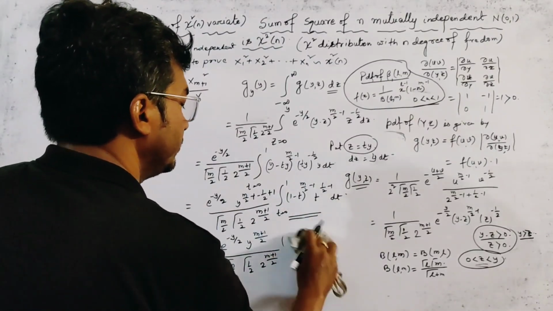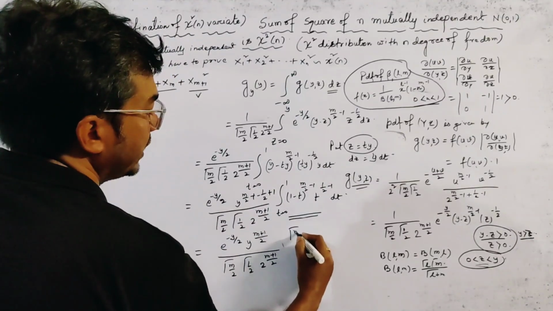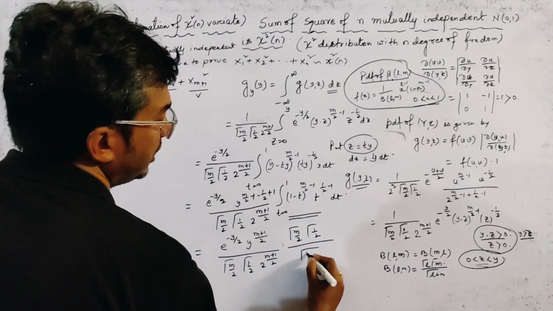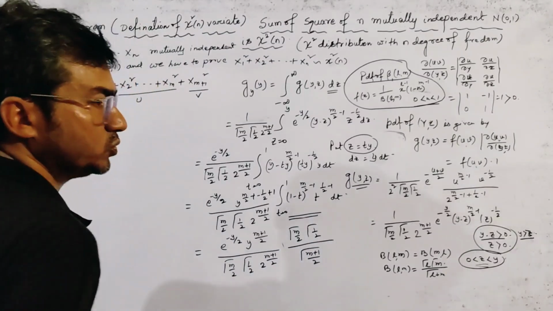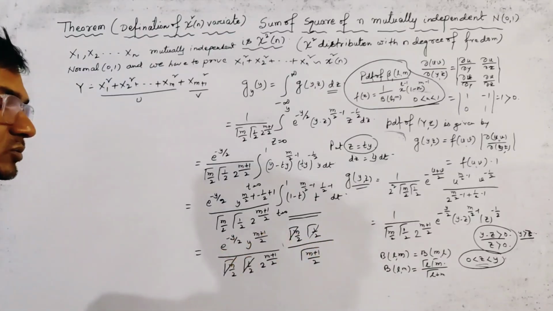So if we put here the value of gamma, we get gamma m by 2 gamma half by gamma m plus 1 by 2. Obviously this cancels out.